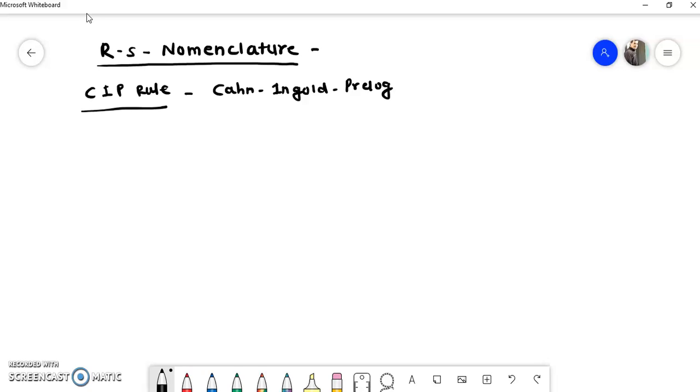They devised the rules for this nomenclature. Now, according to this, rule number one is that the groups attached to the stereogenic center are arranged in a sequence.